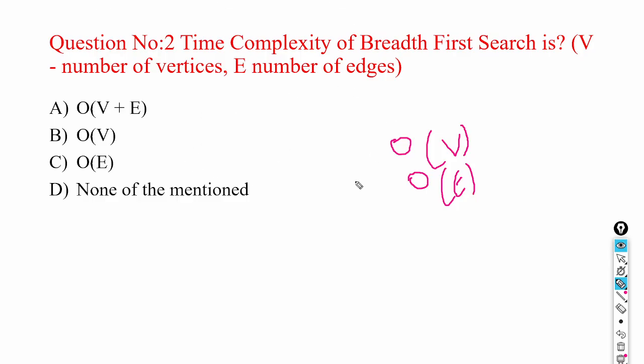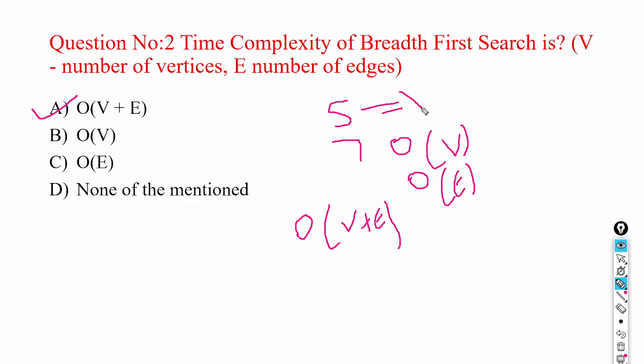If we combine both, it is order of V plus E. So the time complexity of breadth first search is order of V plus E. Option A is correct. Imagine there are 5 vertices and 7 edges.